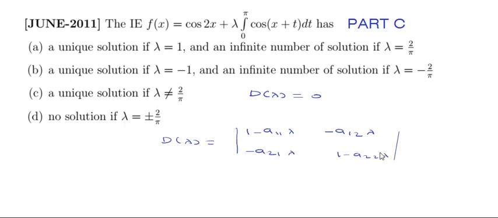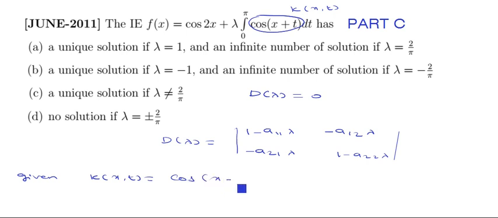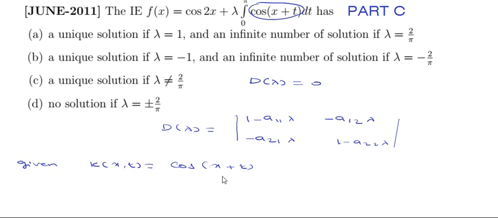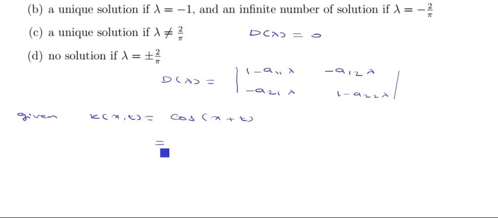From the given integral equation we can find the kernel k(x, t), given as k(x, t) = cos(x + t). Using the formula for cos(a + b), this is cos a cos b minus sin a sin b.